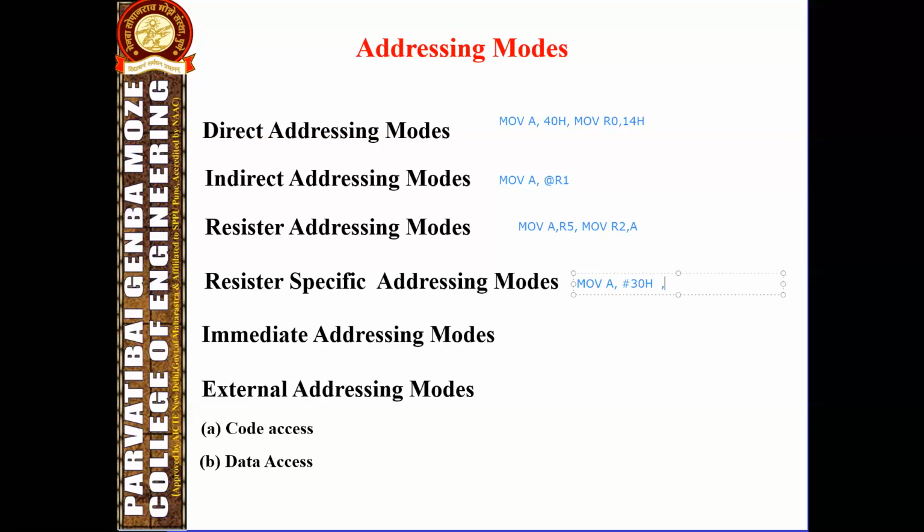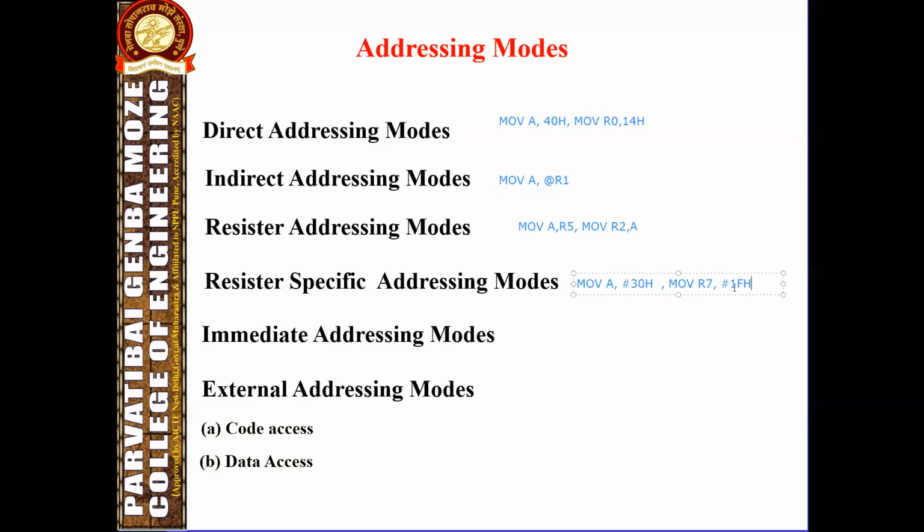Let's see another example. MOV R7, #1FH. This is the data indicated by the hash symbol.